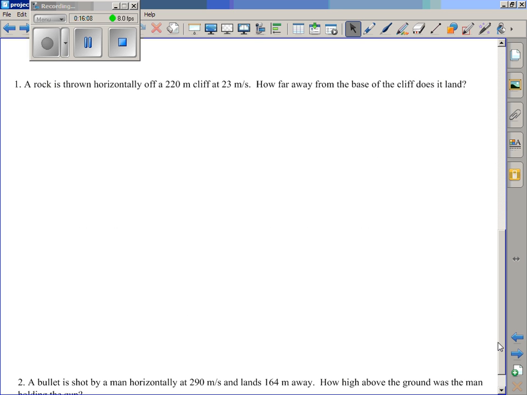So, a couple problems. One, a rock is thrown horizontally off a 200-meter cliff at 23 meters per second. How far away from the base of the cliff does it land? So I've got a cliff here, and I'm going to throw a rock like that, 23 meters per second. That's what U equals.